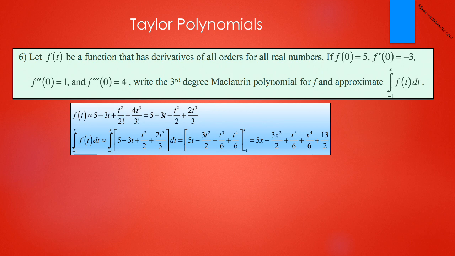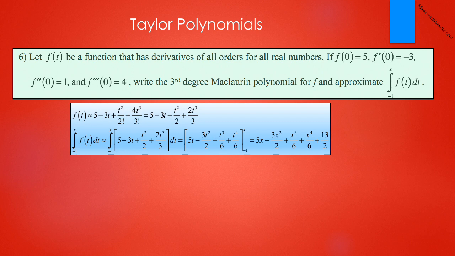Since we know the value of the function at 0 and its derivatives at 0, writing the third degree Maclaurin polynomial is easy. f of t will approximately equal 5 minus 3t plus 1t squared over 2 factorial plus 4t cubed over 3 factorial.